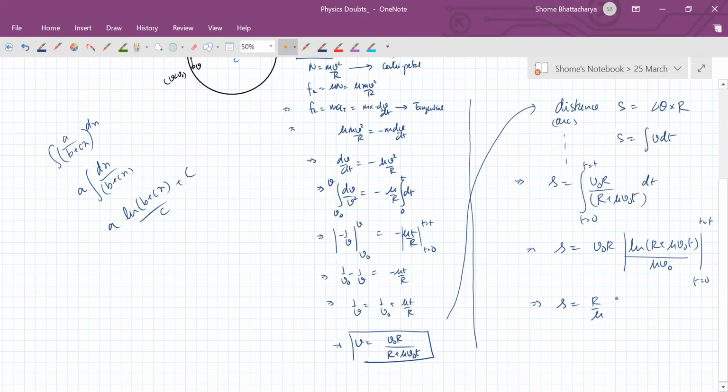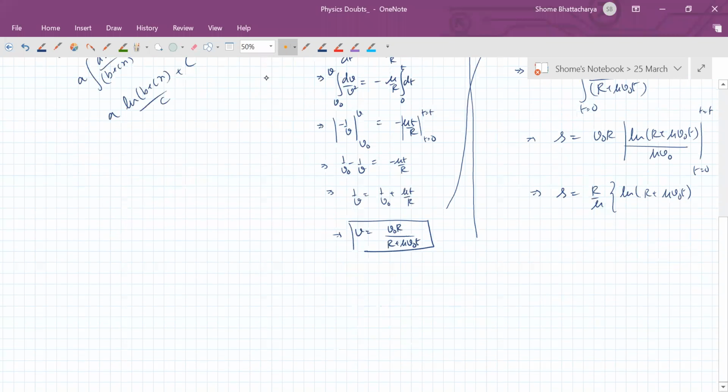So r by μ, take this outside, and upper limit, so ln of r plus μv naught t, minus lower limit, okay.